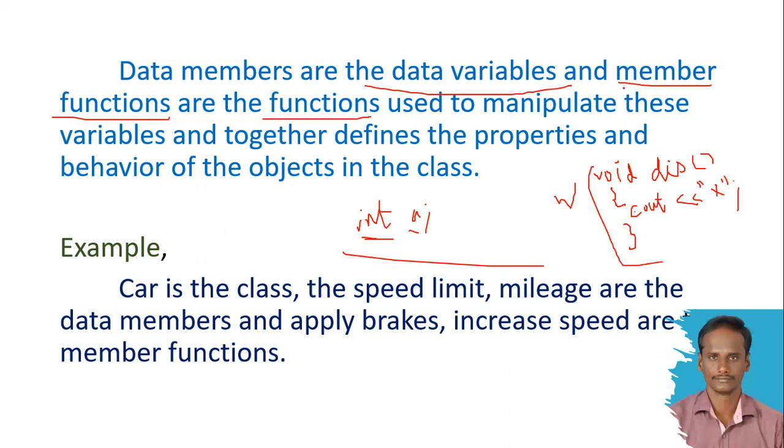So data members are the data variables, and member functions are functions. Then what is the difference?